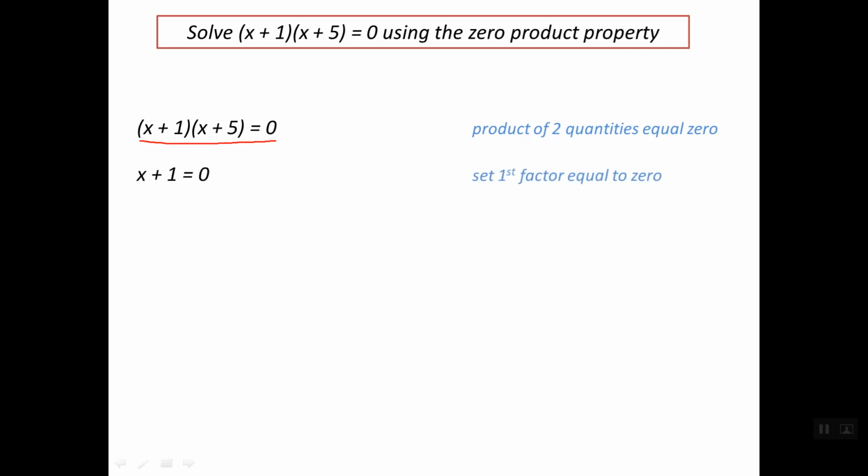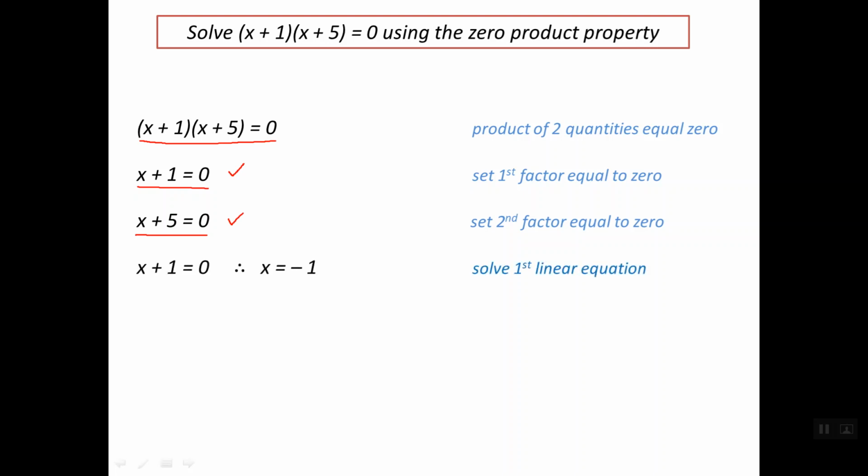So either the first factor, which is x plus 1, is equal to 0, or the second factor, which is x plus 5, is equal to 0. So now we have two linear equations. We solve the first linear equation, x plus 1 equal to 0, and we get that the value of x is equal to minus 1.